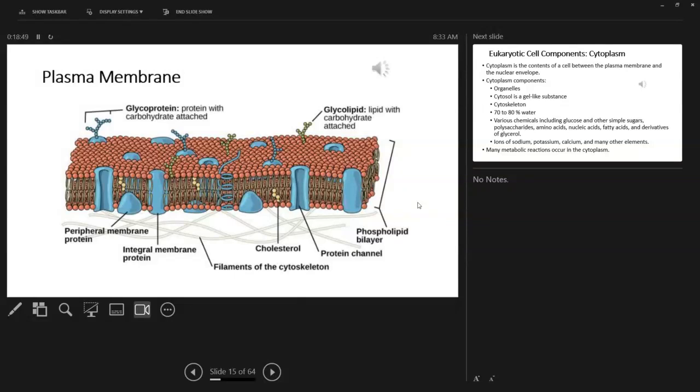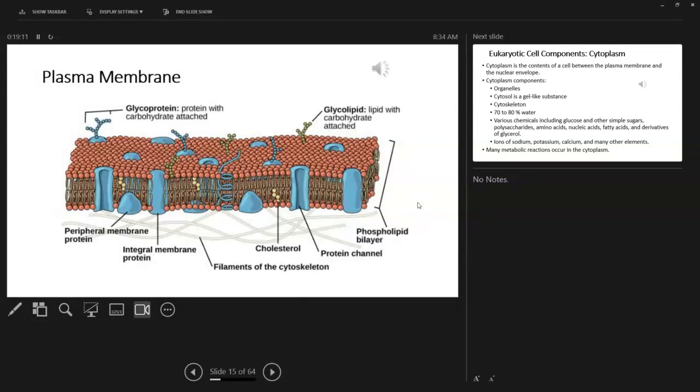So if this is a cell of an organ in your body that is affected by a certain hormone, then it would have receptors for that hormone. If the hormone molecule, like adrenaline, would come along and contact that receptor, it would cause some kind of change in that cell to happen.